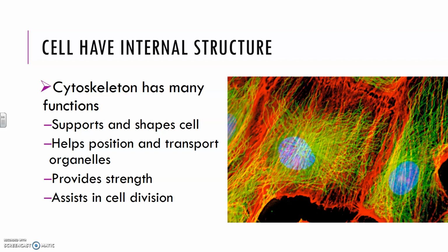It also assists in cell division. By moving organelles around, it separates them out so that there's one of each type of organelle on both sides of the cell at least, and then also helps pinch the cell together to complete that cell division. And it also aids in cell movement, which I already talked about.